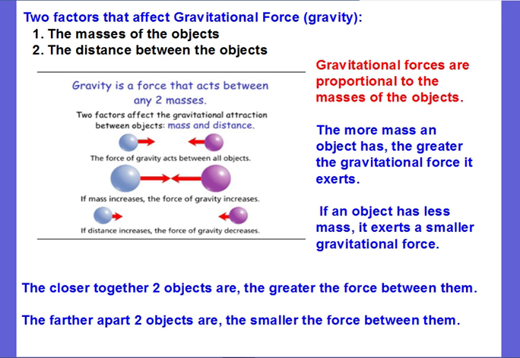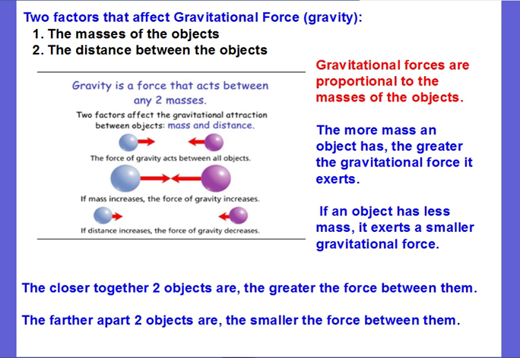So two factors that affect how much gravitational force there is between objects are the masses of the objects and the distance between the objects. So you have to take into consideration, when you're trying to figure out how strong a gravitational force is, how big are the objects, how much mass do they have, and how close together or far apart are they.